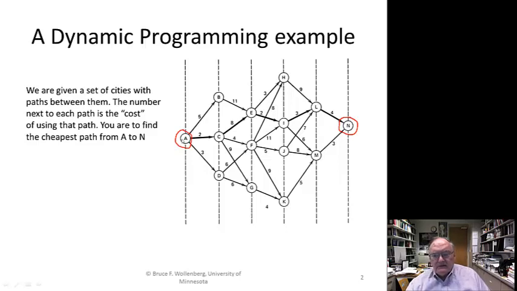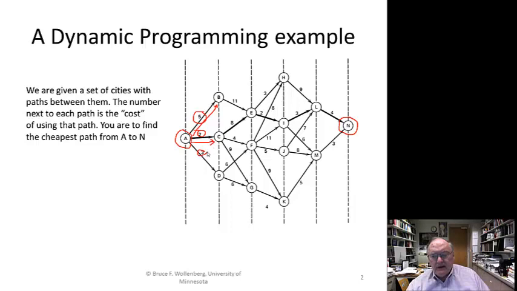The idea is to find the optimal path. If you notice, we have a number right here, which is the cost to travel from A to B. If I went from A to C, however, it would be a cost of only 2.